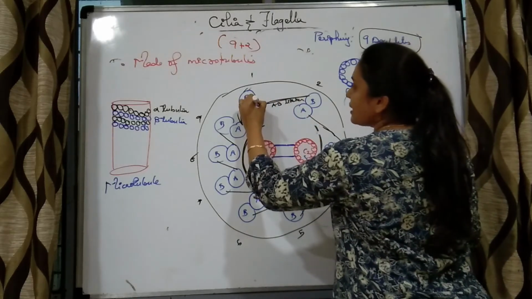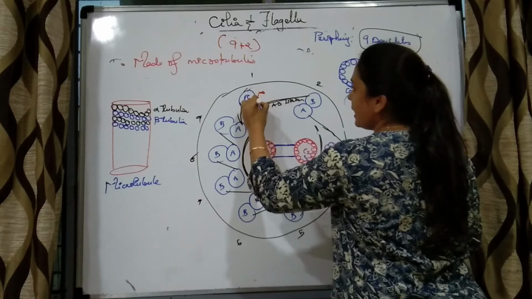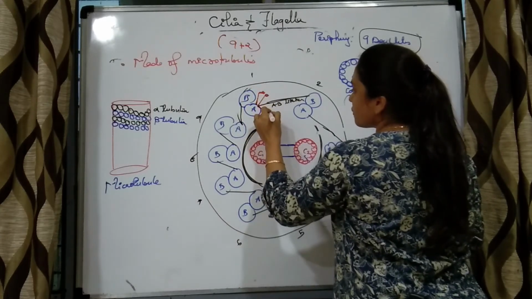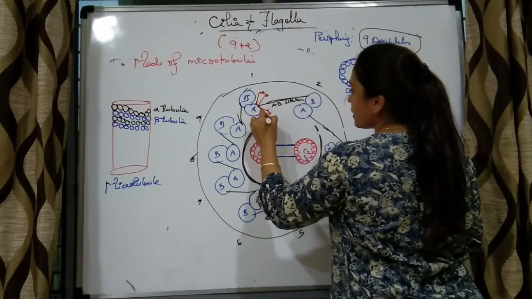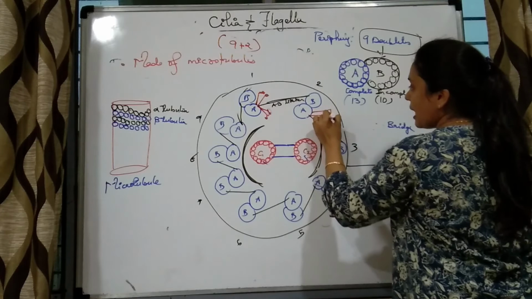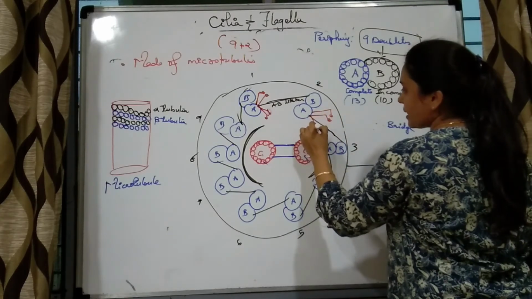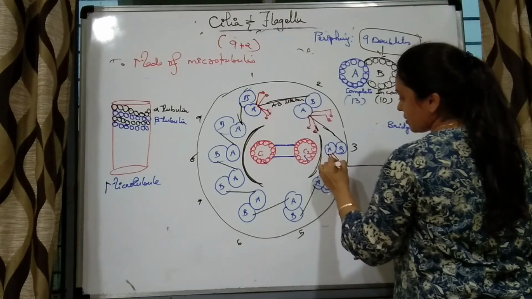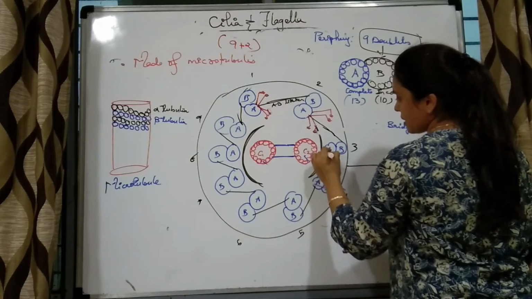Then one more thing is present. There are dynein arms. So this A tubule will have these arms, which are called dynein arms.